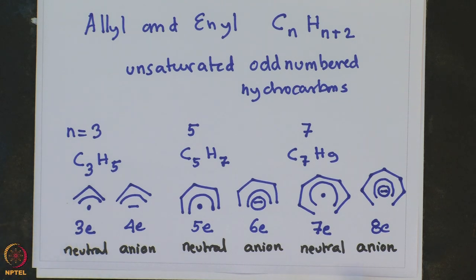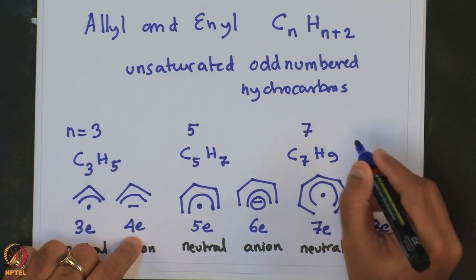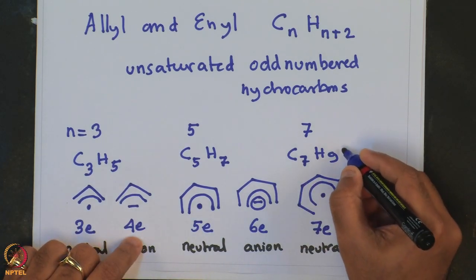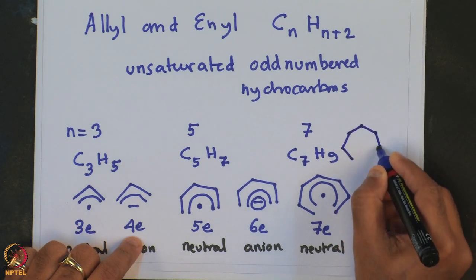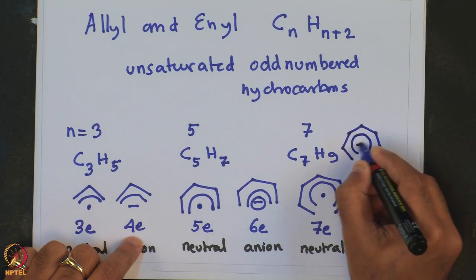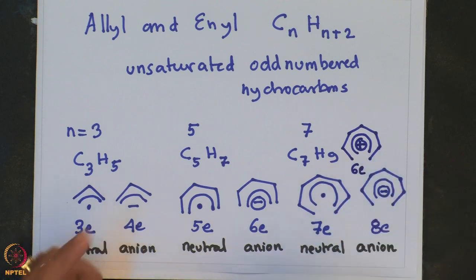For example, the 7-membered C7H9 can also exist in its cationic form, where it becomes a 6 electron donor.